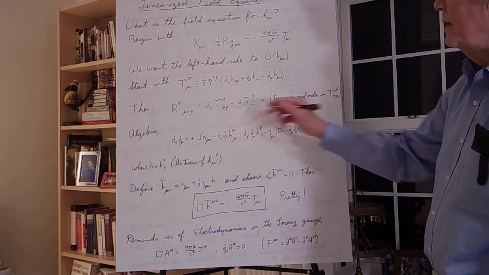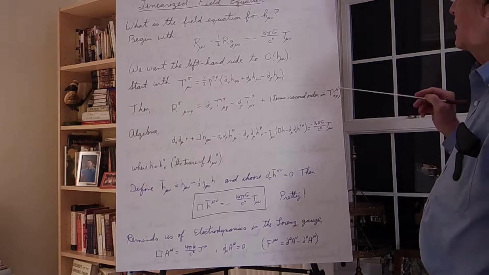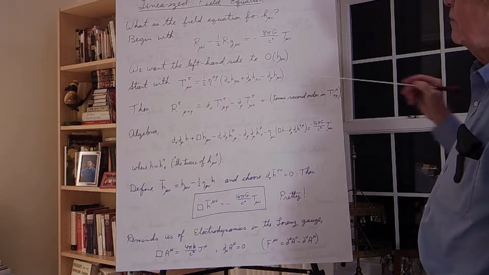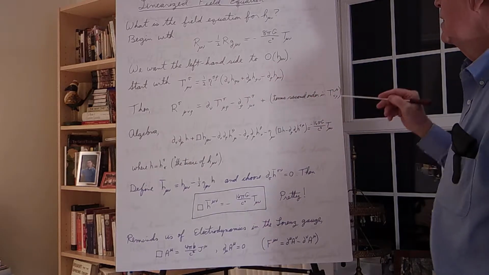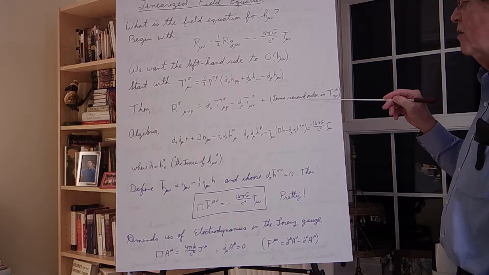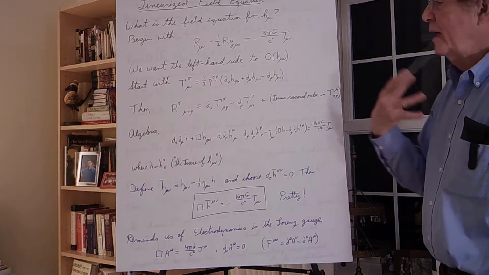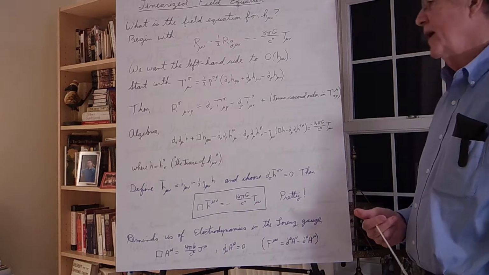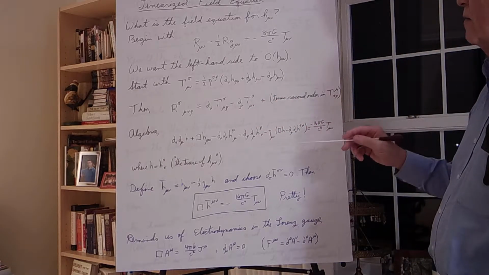Okay, so I write it down like this. Well, the terms which are second order in the Christoffel symbols, I don't need to write down because you see the Christoffel symbols here are already first order in h. So this stuff here is second order in h. Throw it out. I'm not tracking it. I'm getting my physics to order h. Okay, so this is what R is.